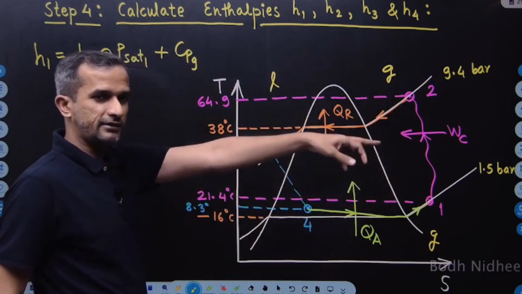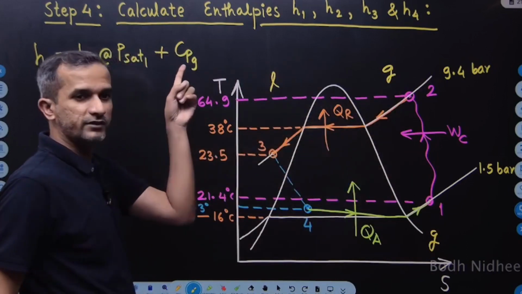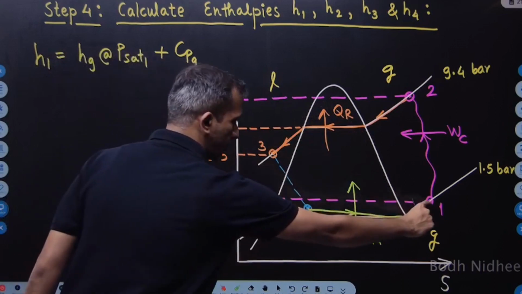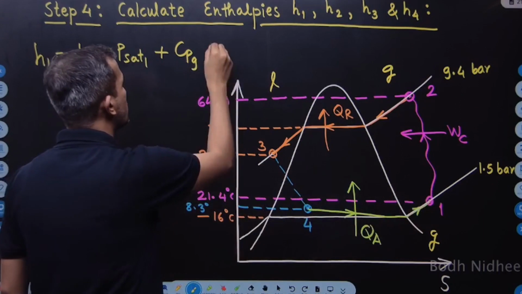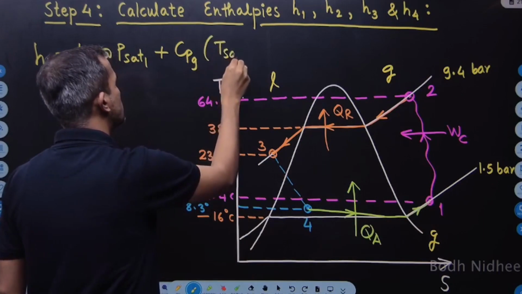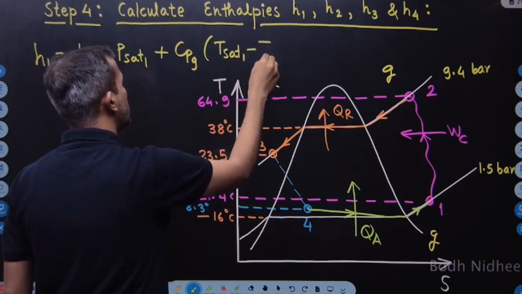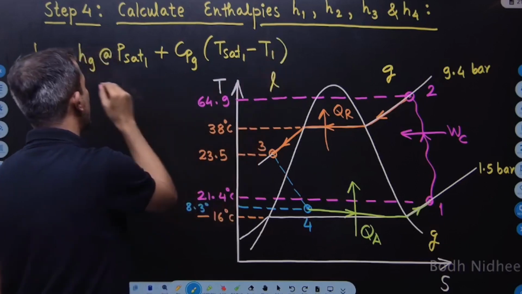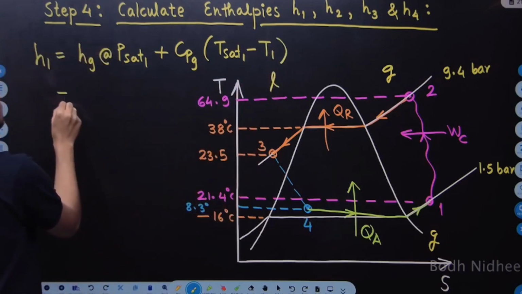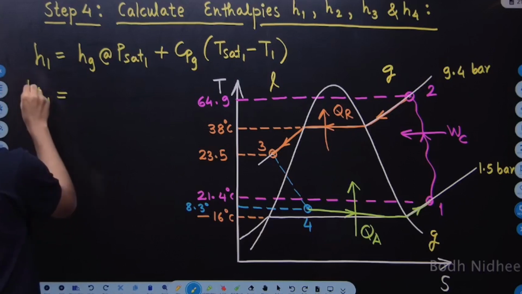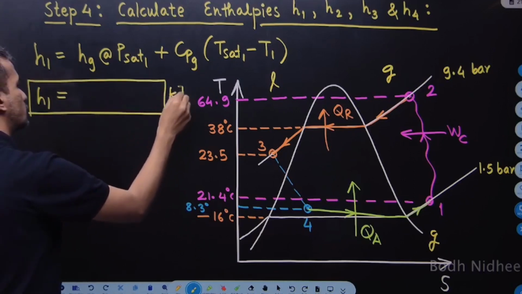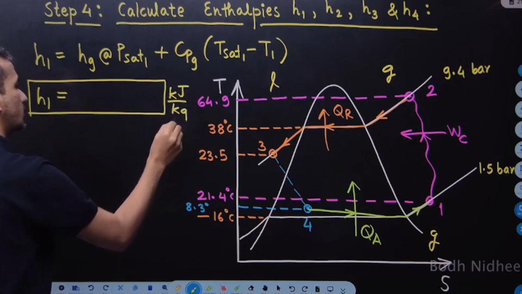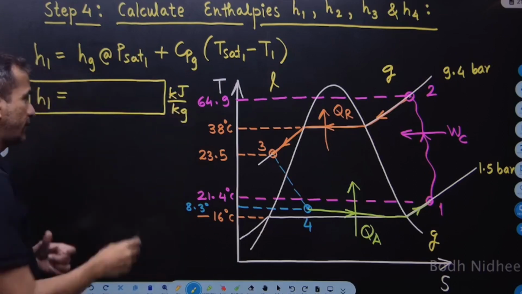So Cp gaseous at that pressure, we will take from the refrigerant table, into delta T, the degree of superheat, T1 minus Tsat1. If you put all these values, you will get the value of H1, right? So put in all the values and find this H1. The answer will be in kilojoules per kg of specific enthalpy. Similarly, we can find out H2.